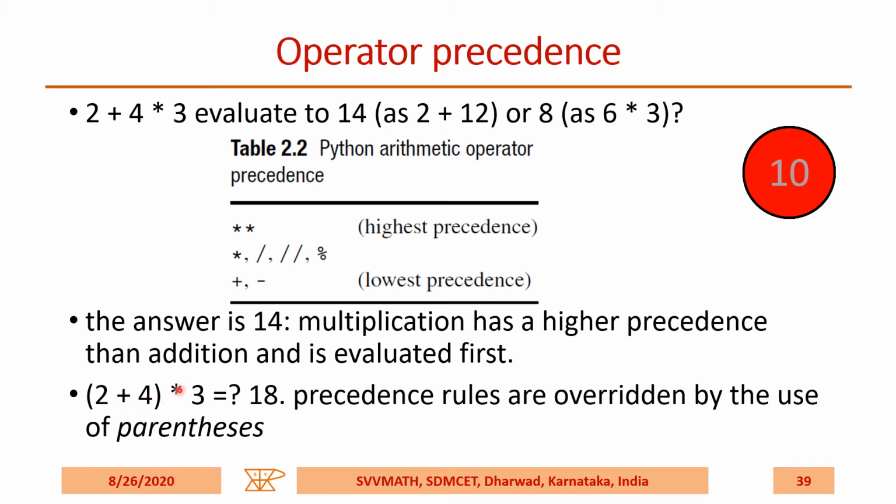Now 2 plus 4 into 3 with parentheses: this precedence rule is overridden by the use of parentheses. First it will do 2 plus 4, then it will multiply by 3. The answer will become 18. Try to go through.